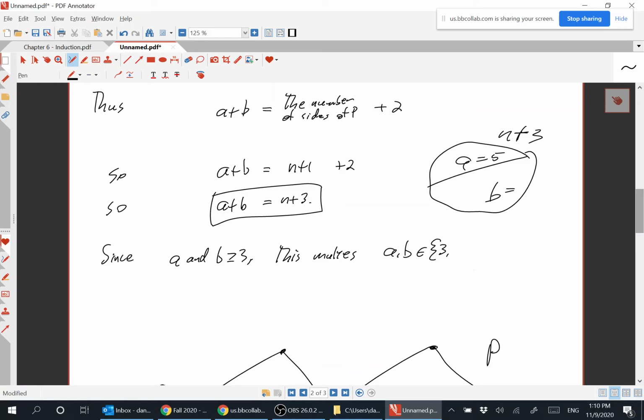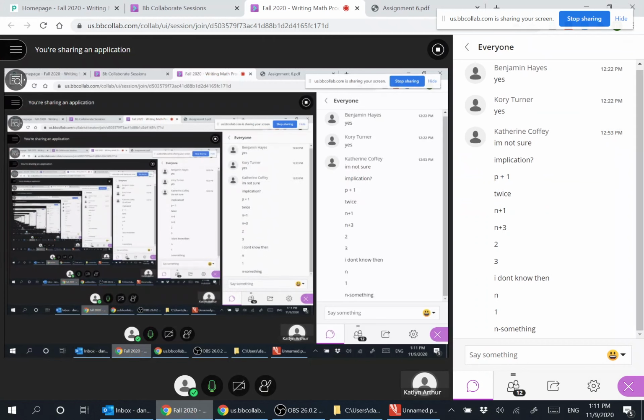Therefore, the largest possible value for A and the largest possible value for B would be what? N.